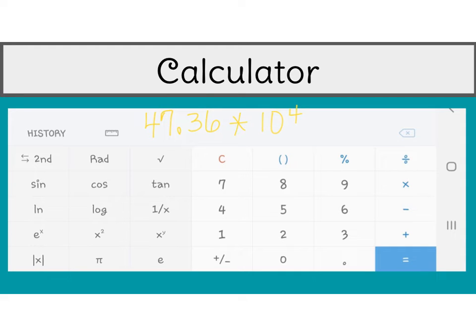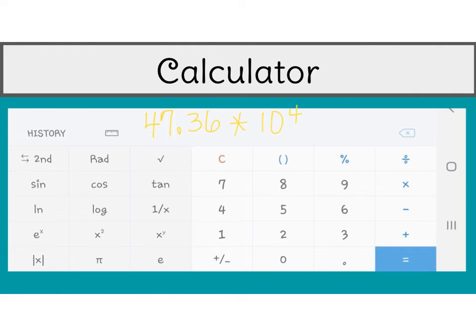So another option would be, if you can't get these keys or figure out what to do, is to actually punch the 4, the 7, decimal point, 36, times, and then we're going to do 10 times 10 times 10 times 10, and then equals. And that should give you your answer for that problem.